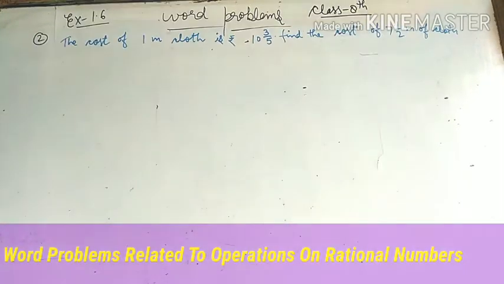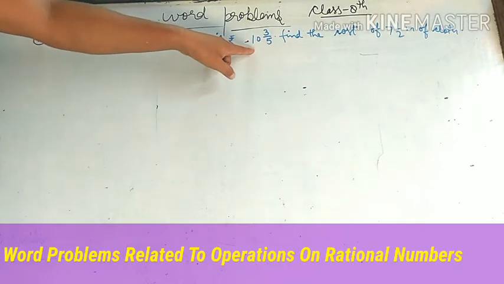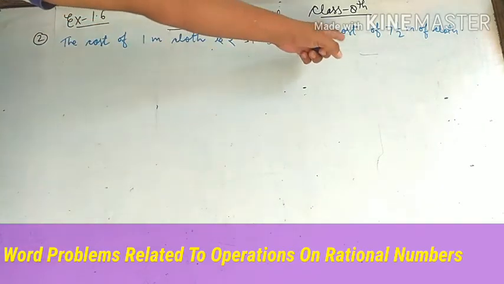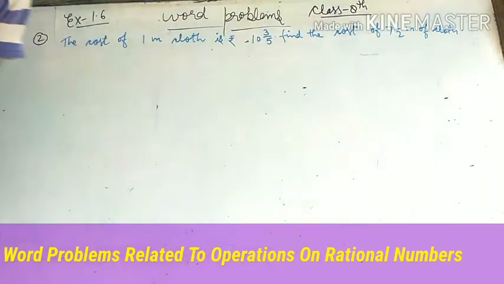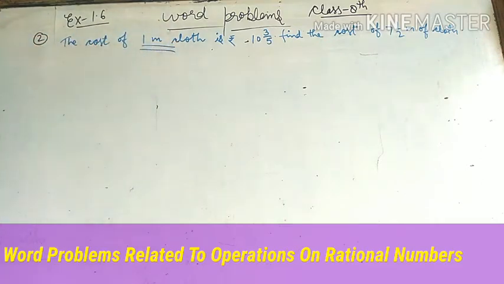Next question is, the cost of 1 meter cloth is rupees 10 complete 3 upon 5. Find the cost of 7 complete 1 by 2 meter of cloth. Means we have the price of 1 meter cloth, and if we have one thing and we want more, then we have to multiply, because we need more.